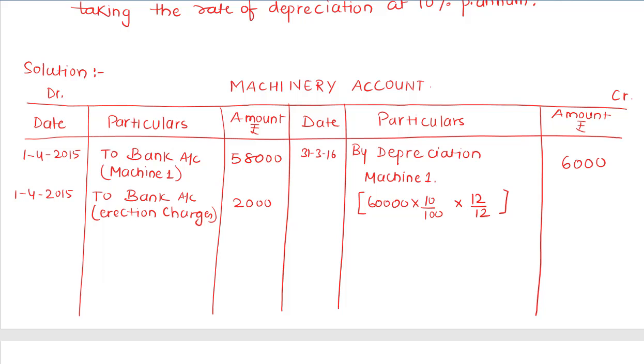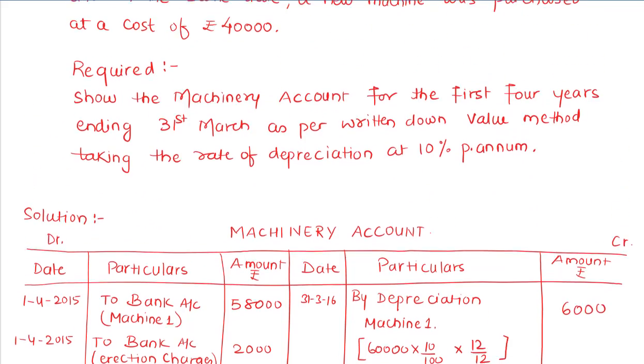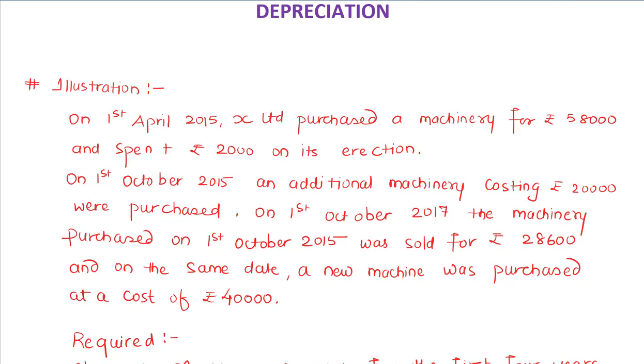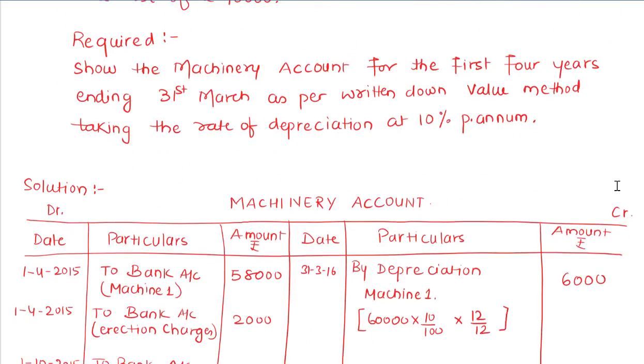We have also purchased machinery on 1st October 2015, to bank account, machine 2, 20,000. Just see it over here. On 1st October 2015, additional machinery costing 20,000 is purchased.